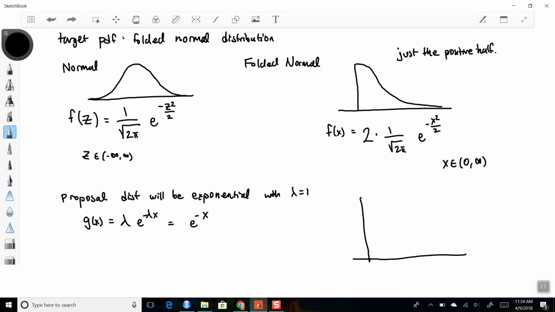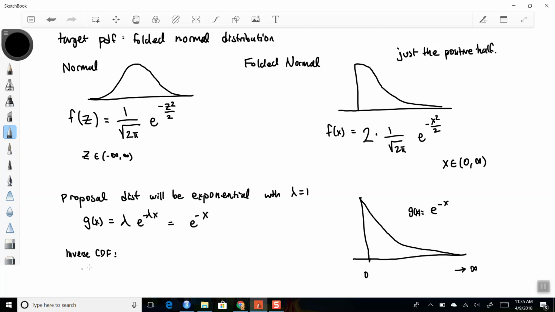Okay, it's really hard to draw this. But I think you know what I'm trying to draw, right? So this is e to the negative x, g of x, and this goes from 0 to infinity. So this is our proposal distribution. Is this okay? And sampling by inverse CDF is very easy for this case.